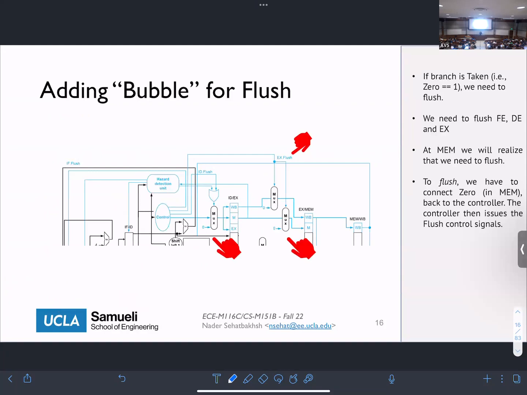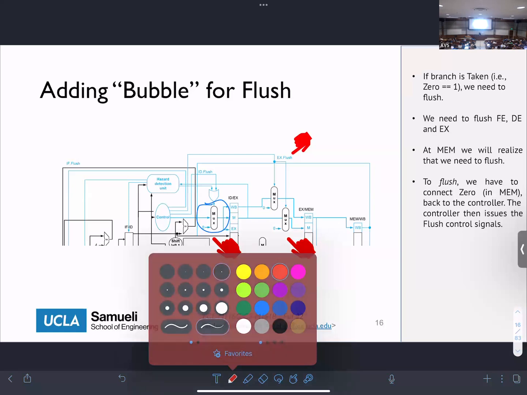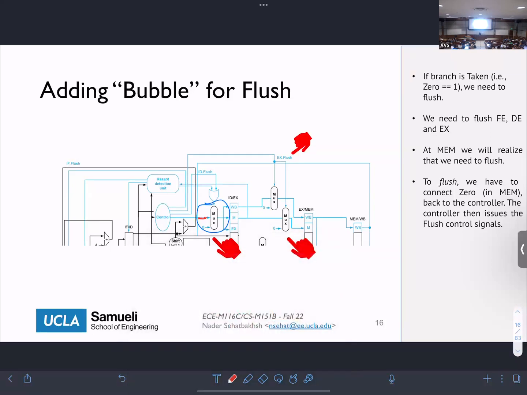Remember when we were talking about the bubble instruction, the trick was that we added this mux here that, instead of sending the actual control signal, sends 0. That's exactly what we're going to do for flushing instructions as well. We're going to add this mux here and this mux here, and then an OR gate here too.